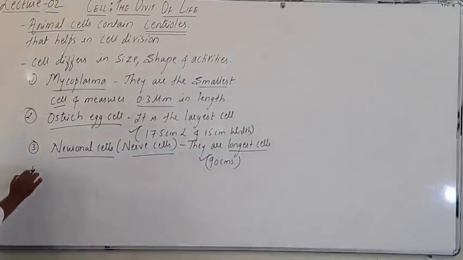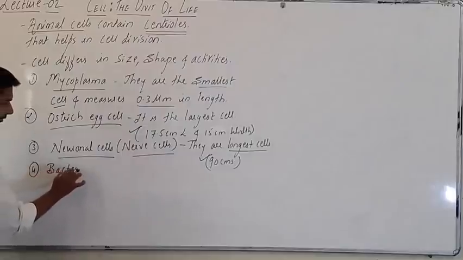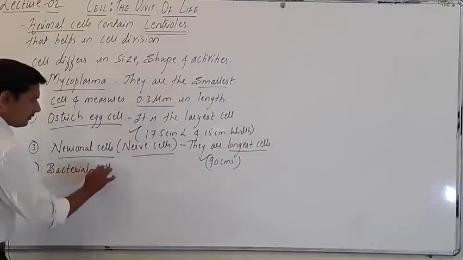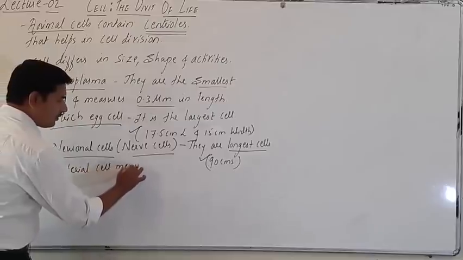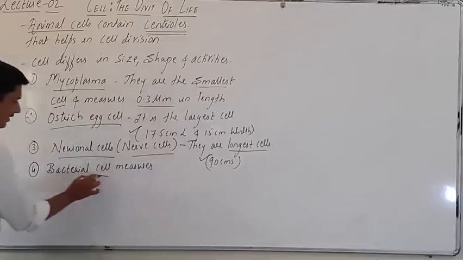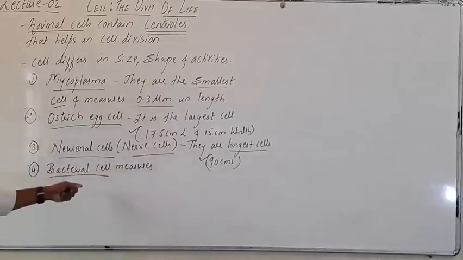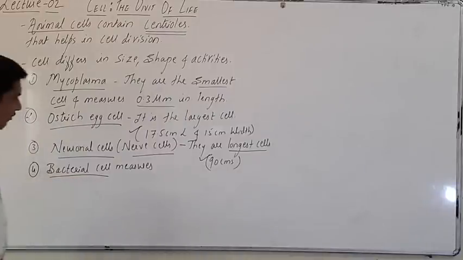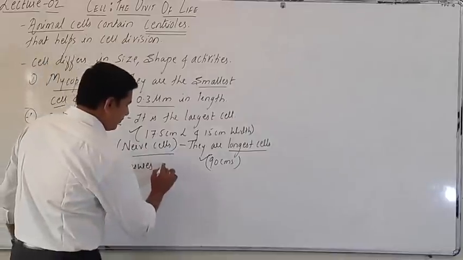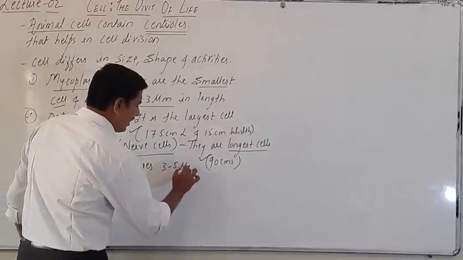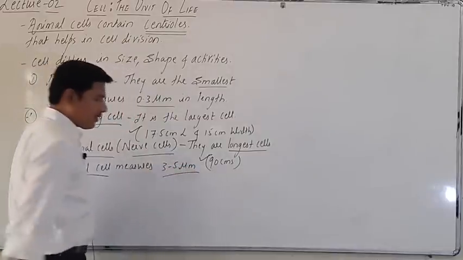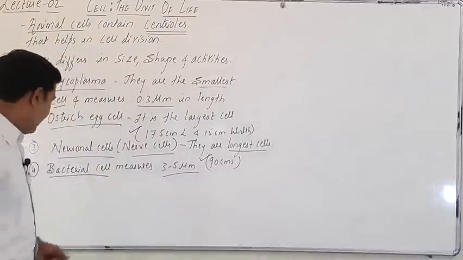So the fourth one is the bacterial cell. So here we have the bacterial cell. This bacterial cell measures 3 to 5 micrometer. Okay, it's the size of bacteria.